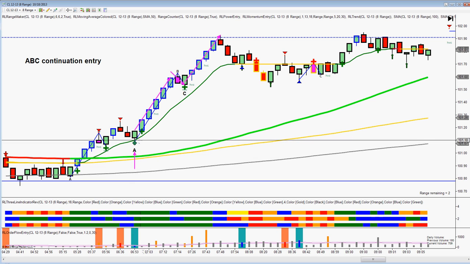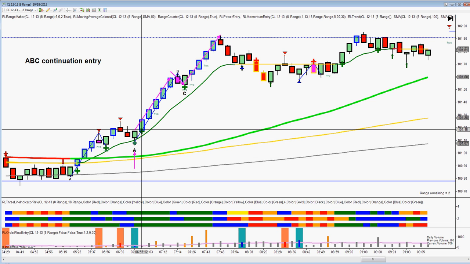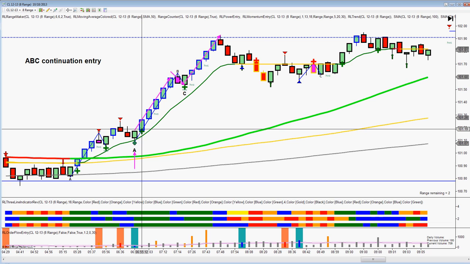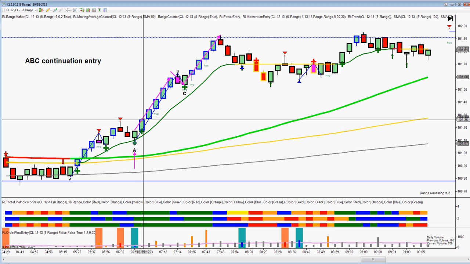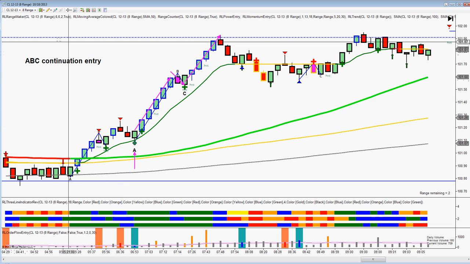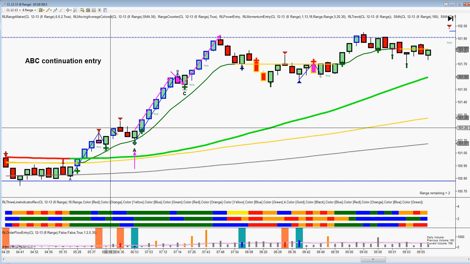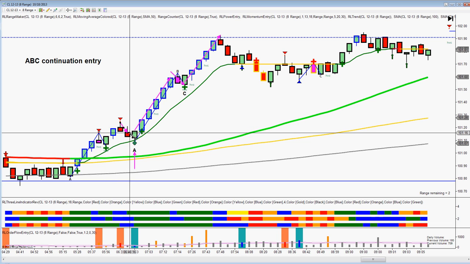Now, an A is the beginning of any trend, and the trend consists of any two candles of the same color that occur in continuity. So if you have two blue candles in a row, you have a confirmed uptrend at candle close. Two red candles, right here, is a confirmed downtrend.